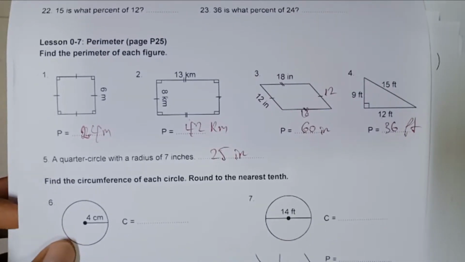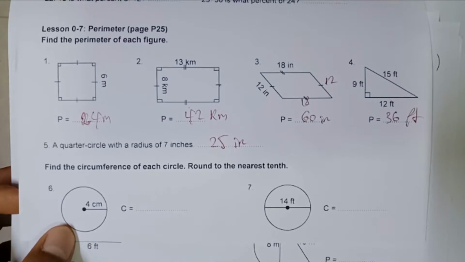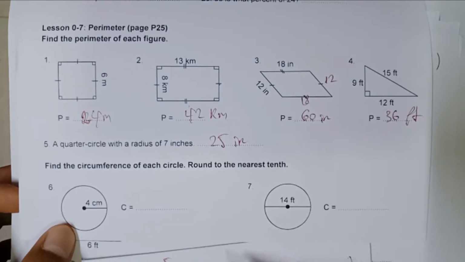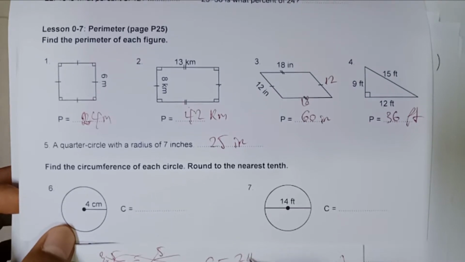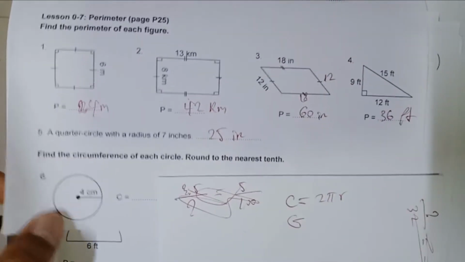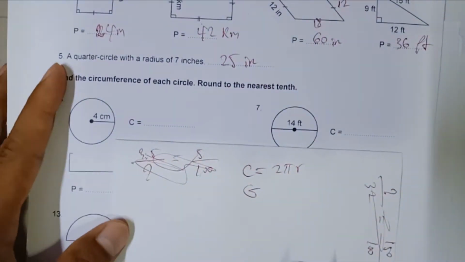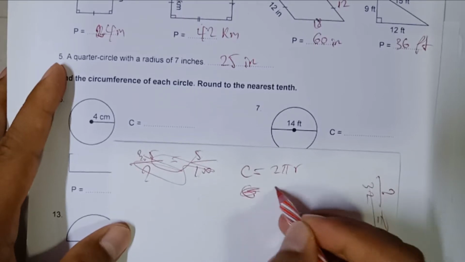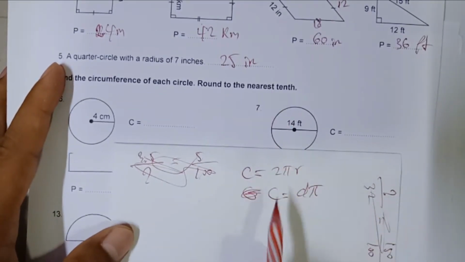Now, circumference of the circle, number 6 and number 7. The formula was already given to you a while ago. There are two ways to answer this question. C equal to 2 pi r, or C equal to d pi. It's rounded to the nearest tenth.